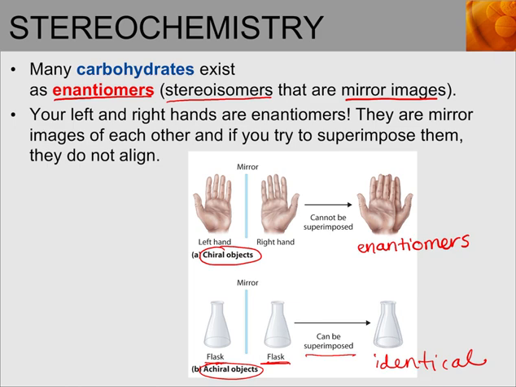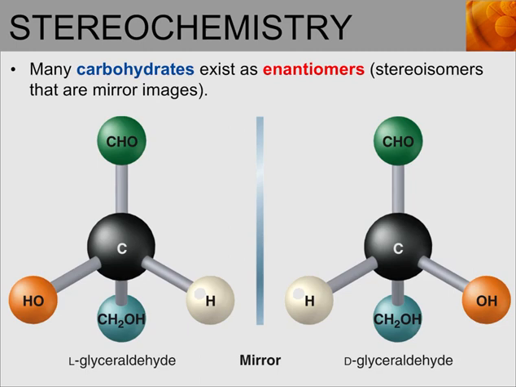All right, so let's actually look at a compound that has an enantiomer, or we could also call that a stereoisomer. So down below we have glyceraldehyde. So this is a carbohydrate. And notice that they look pretty similar, but on the left we have L-glyceraldehyde.